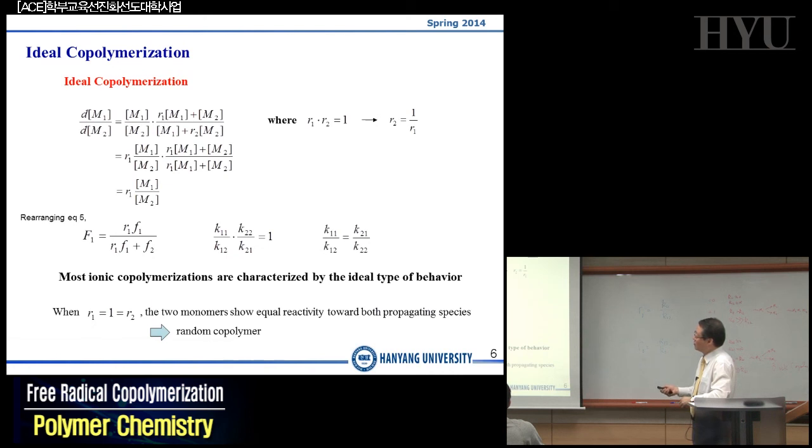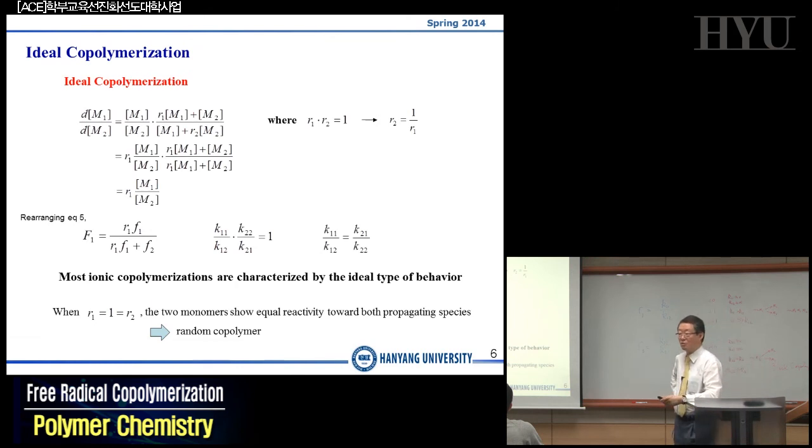In this case, K11 over K12 is equal to K21 over K22. And this is a very simplified ideal polymerization reaction. When R1 times R2 is equal to 1, we can have random copolymers, of course, as we have already described here in this case.